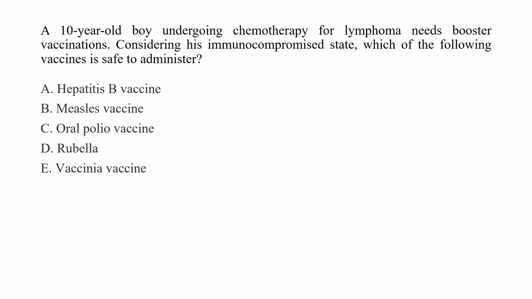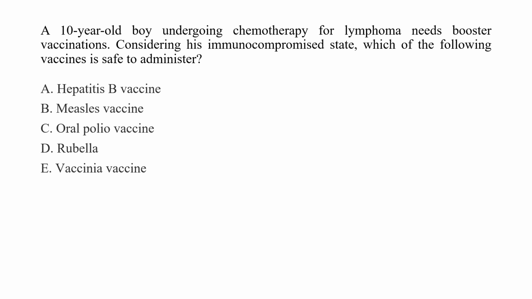Now here, when a child is undergoing treatment for lymphoma or leukemia, their immune system is weakened due to chemotherapy or the disease itself. This will increase the risk of complications from certain types of vaccines, especially live vaccines, which contain weakened but living forms of viruses or bacteria.